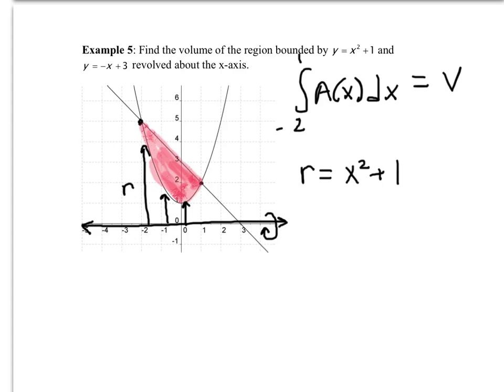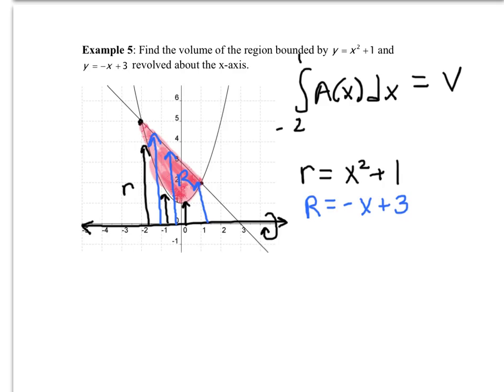Now I'm going to switch to a different color, because if I start at the axis and go to the top part of the shaded region, that's going to be my capital R, my bigger radius. You can see that this is dependent upon the line y equals negative x plus 3. Technically I am doing top minus bottom for each radius, but the bottom of the radius is the line y equals 0.